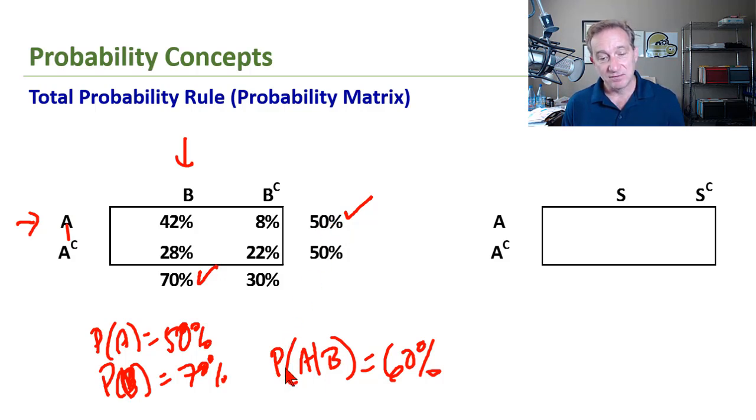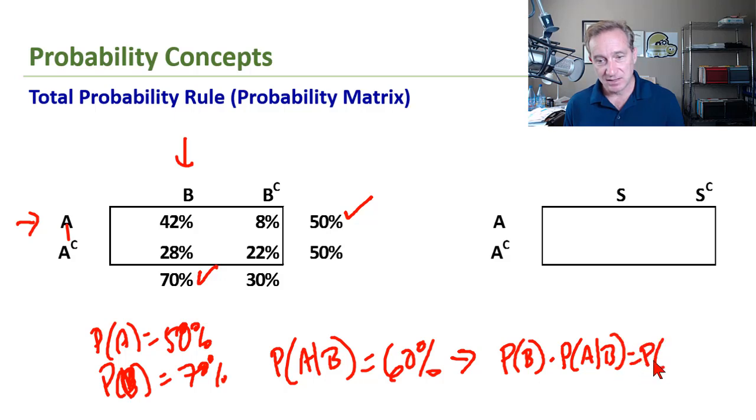And then we have the probability of A conditional on B is 60%. And so then I just employed the fact that if I take the unconditional probability of B, multiply it by the probability of A conditional on B, then I get the joint probability of A and B. So that means the joint probability of A and B is found right here.